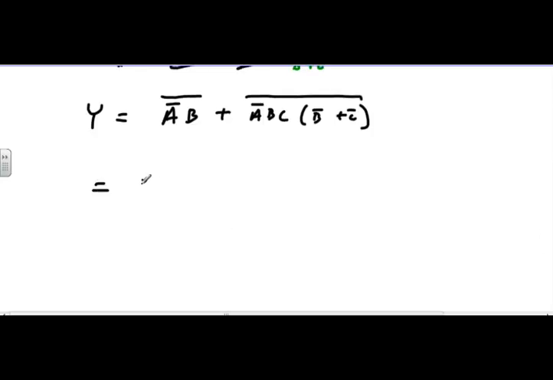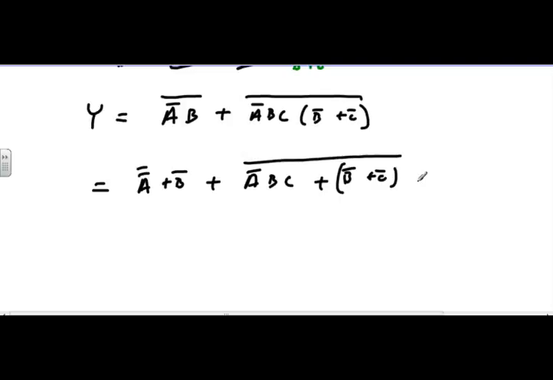All right, so I've got A double naught or B naught. I've got A naught B C or B naught or C naught knotted. Okay, I can do that. No, I can't do that.